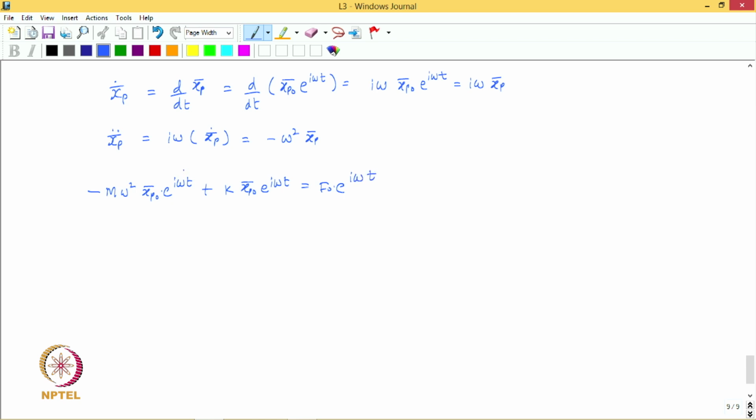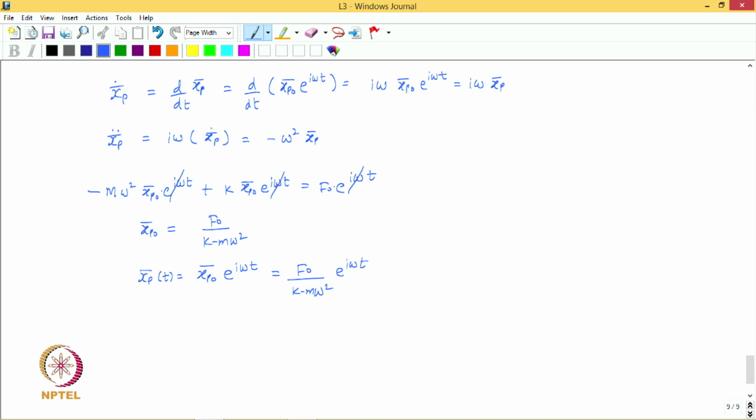So, you can see from here that e to the power i omega t cancels out, and we are left with xpo bar is equal to f naught upon k minus m omega square. And therefore, the particular, complex solution would be xpo bar e to the power i omega t, which is nothing but f naught upon k minus m omega square e to the power i omega t.